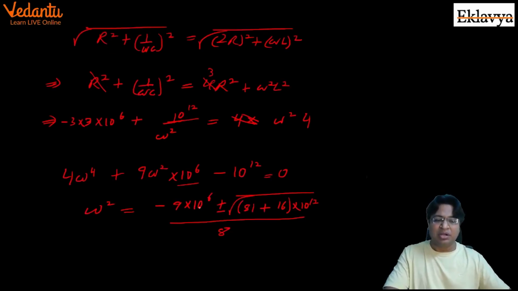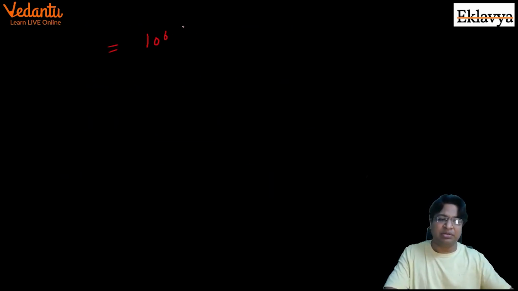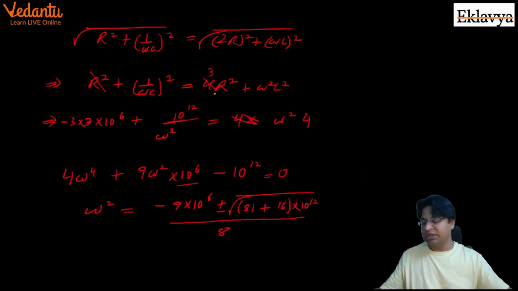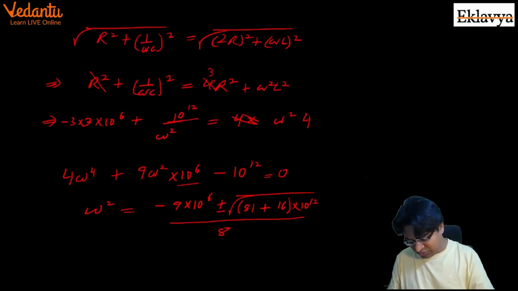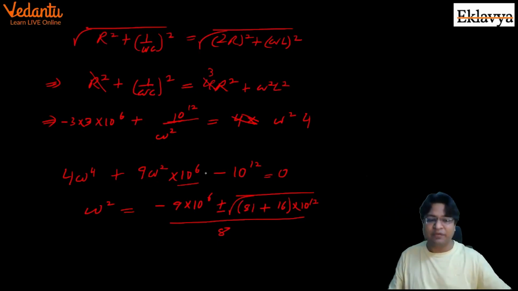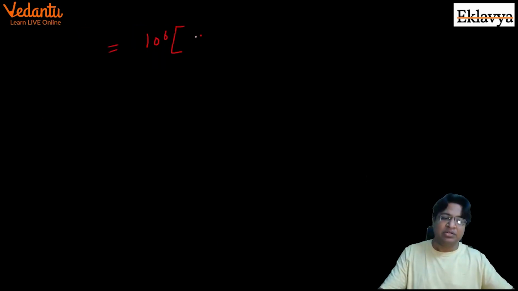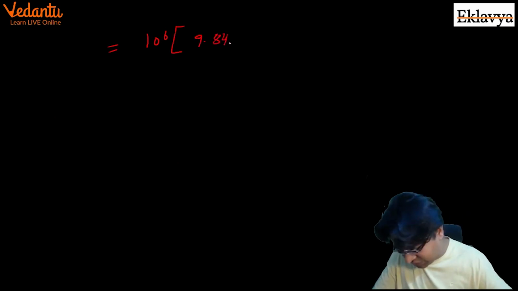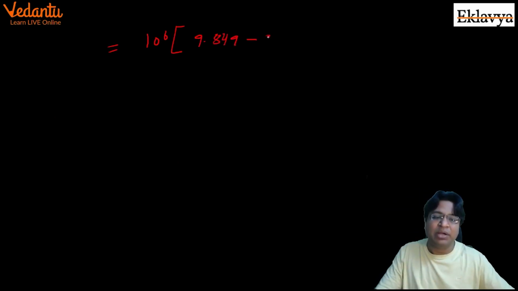So how much does this become? 10 raised to power 6 can be taken out as a common quantity. Root of 81 plus 16, that's 97. So root 97 is 9.848, I can make it as 9 only, minus 9.